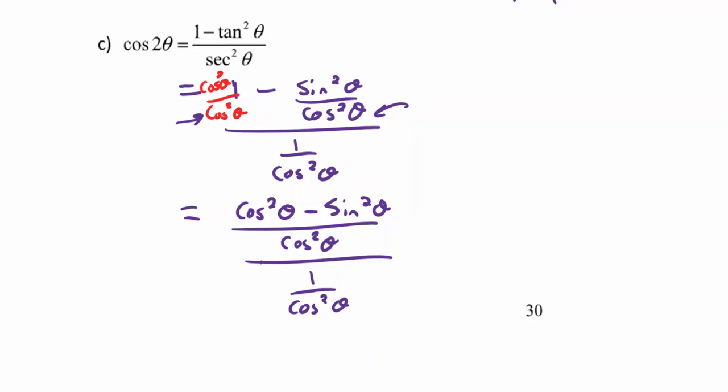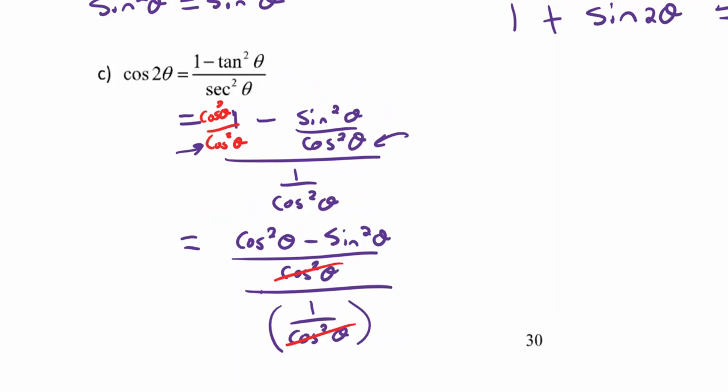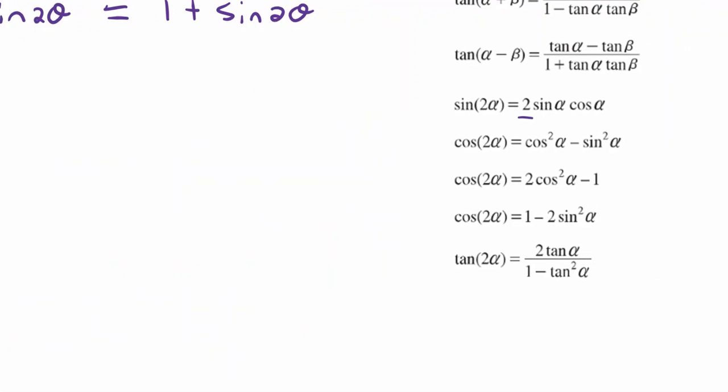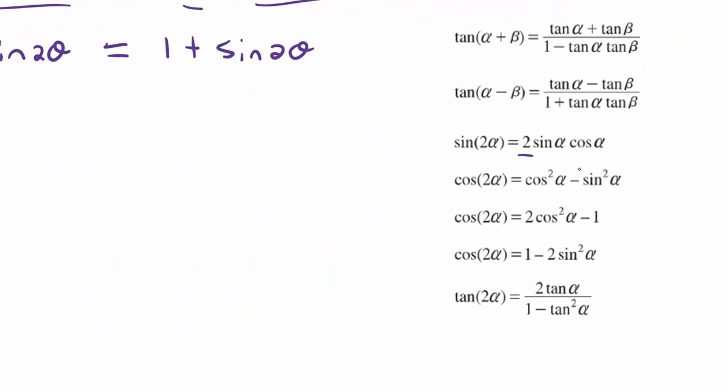So now maybe you can see it from here, or maybe you need to flip it, because if you divide by a fraction, it's the same as multiplying by the reciprocal. But either way, you're going to end up canceling those, and we're just going to end up with cos squared theta minus sine squared theta. And I'm keeping in my mind that that was one of our identities, wasn't it? So that's what we've ended up getting it down to.